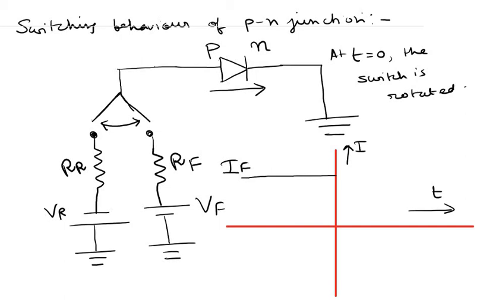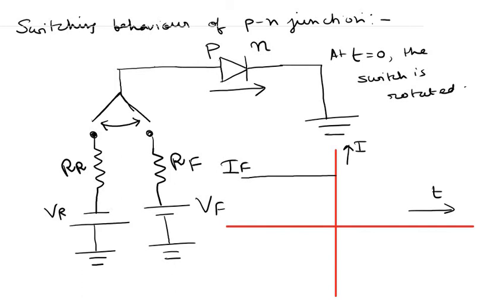immediately when this switch is rotated and this diode moves from forward bias to the reverse bias state, the current does not go to 0, because during the forward bias state there is excess accumulation of minority carriers on each side of the junction outside the depletion region, just as we discussed that during forward bias there is accumulation of excess minority carriers just outside the depletion region, and in reverse bias all these minority carriers are depleted.